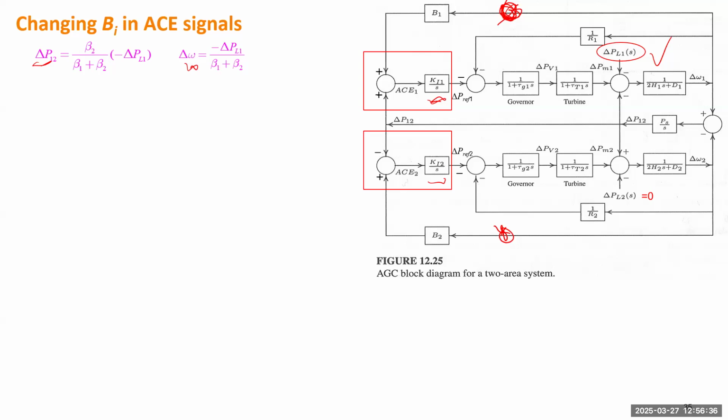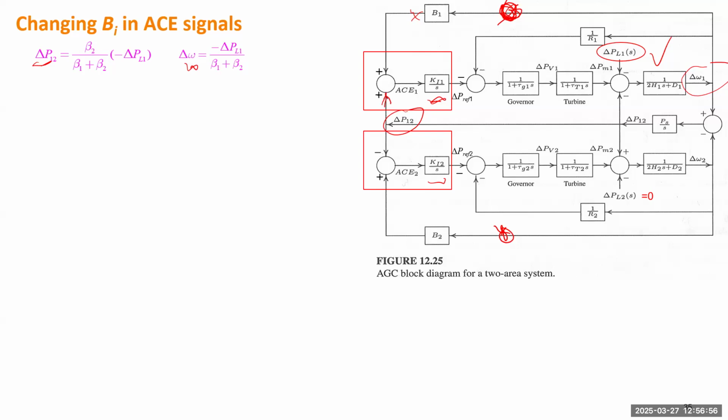We collect the frequency deviation and multiply by a factor which is B1, and we also add a tie line flow change here.